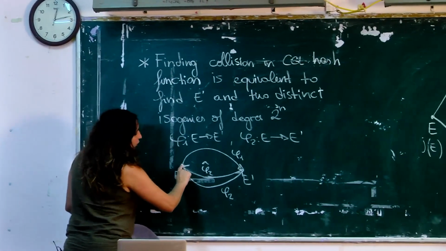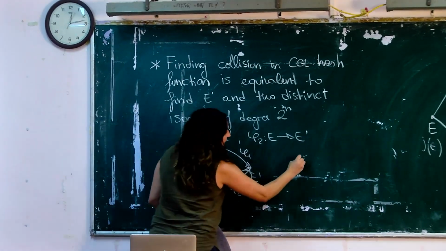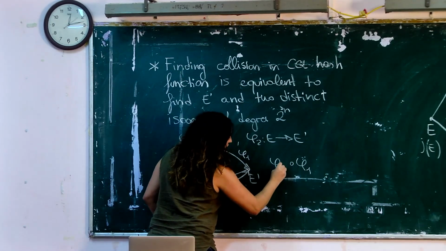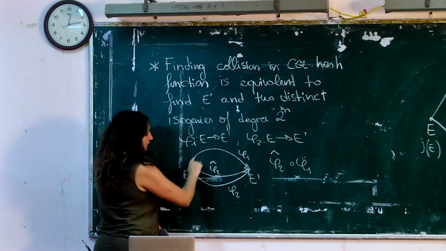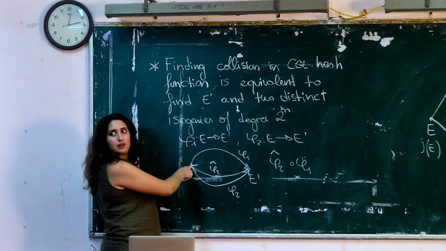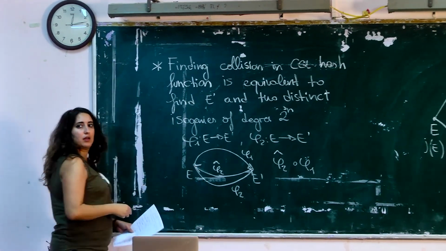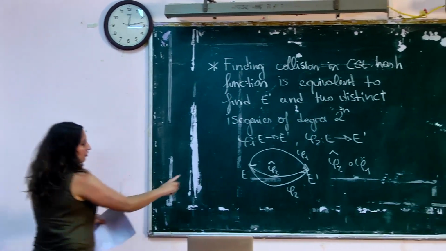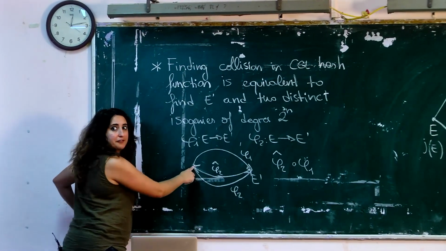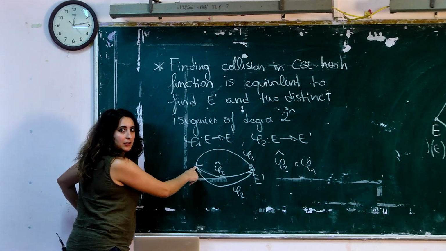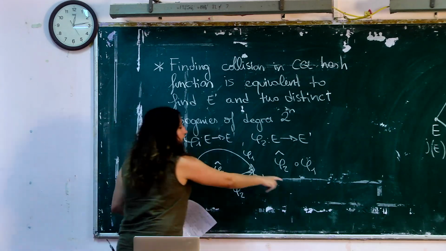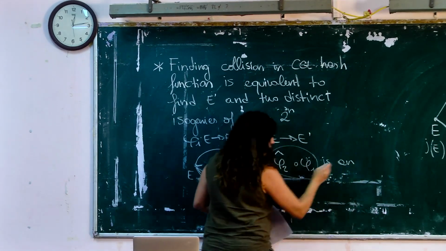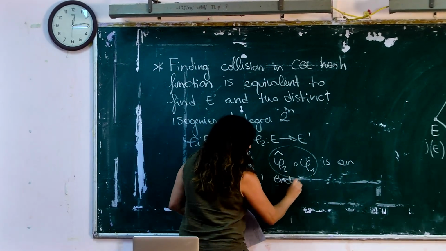So what happens if I now compose phi 1 with phi 2 dual? What do I get? What is an isogeny that goes to itself? How is it called? Endomorphism. So this isogeny is an endomorphism of which degree?